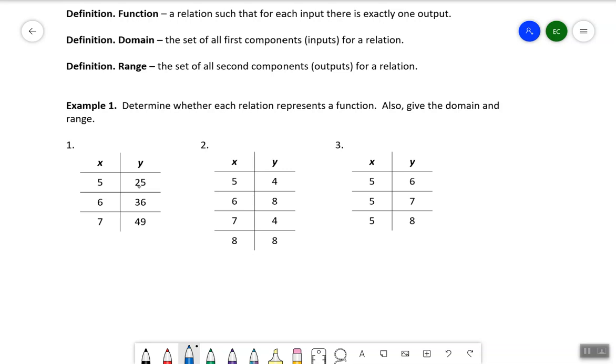It doesn't matter what that output is. In this case, it happens to be 25. But what's important at the moment is that there's only one output for the number 5, for the input 5. And similarly for 6 and 7, only one output. So yes, this is a function.